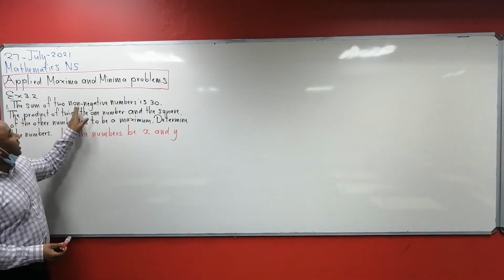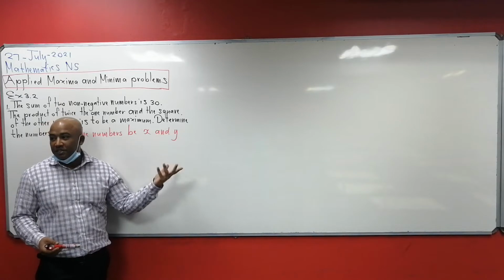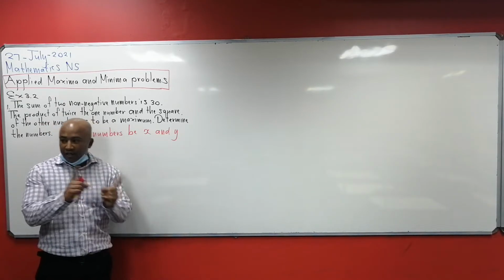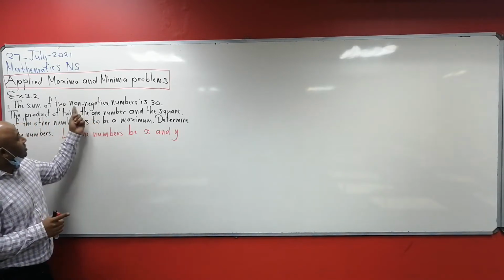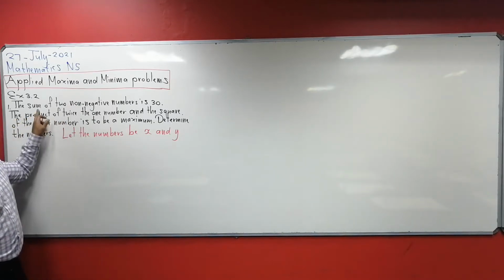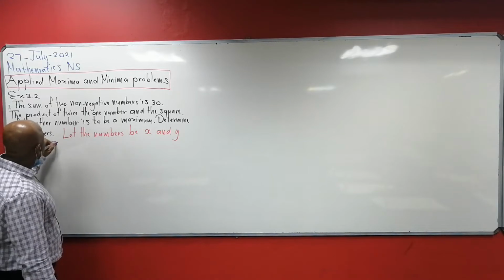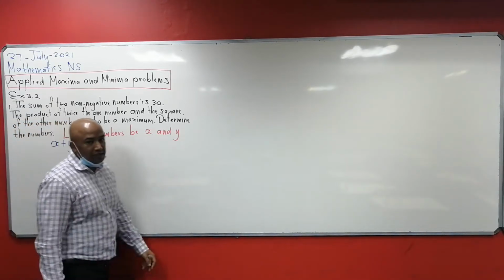At the moment you cannot determine whether it's positive or negative, it's just a variable x and y. When we come to the end, if we have a positive and a negative answer, we will only consider the positive because we were told that it's non-negative. So the sum is 30, that means I can go x plus y is equal to 30.